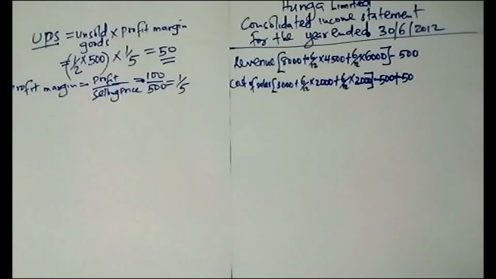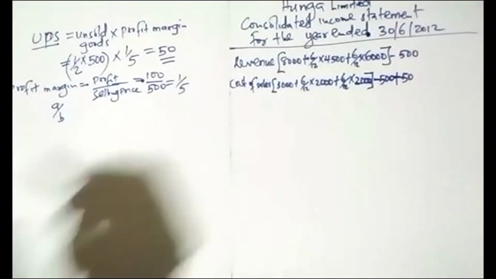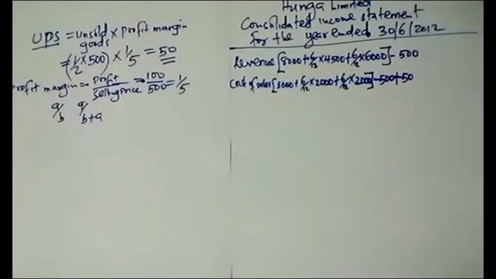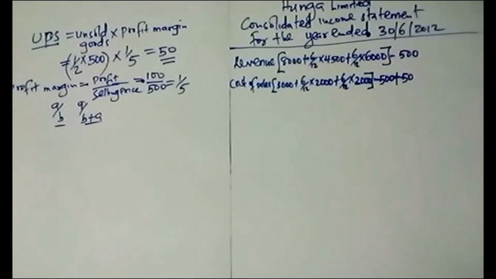If you are not given margin, you can compute it the way I've computed there. And if you are given a profit markup, you can change it to margin. So if you are given a markup of A over B, you change by taking A over B plus A. So that is how you change. If this was markup, your margin would be A over B plus A. So that is the UPS on closing stock.